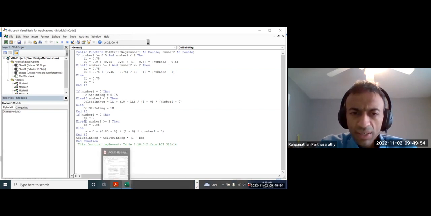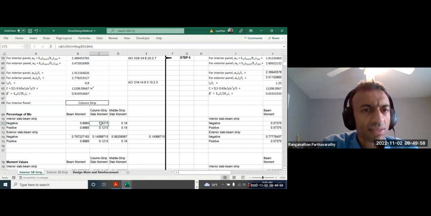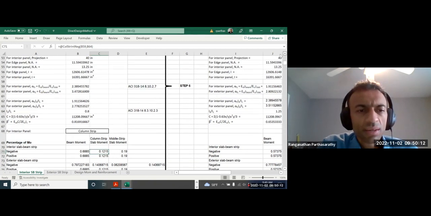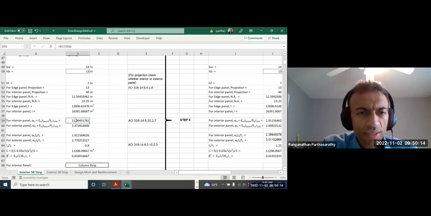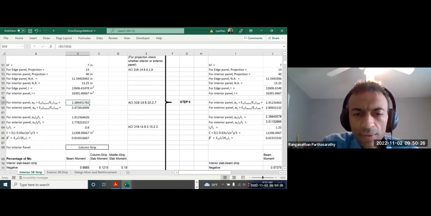So let's do a quick hand check. For example, in this case, how much will be going to the column? In our case, we are doing the interior panel, alpha F1 L2 by L1 is 2.38, beam by slab. So alpha F1 L2 by L1 is more than 1.